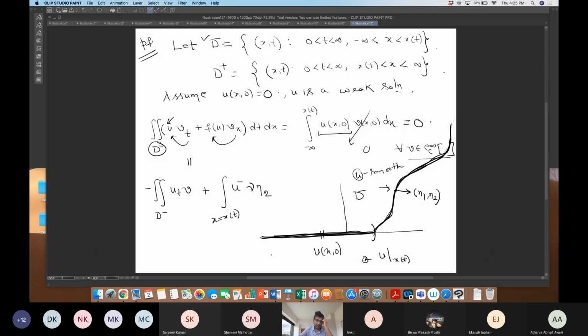Okay, now let's do this. Next class I will tell you what is integration by parts, in a very brief way. The boundary part comes with the outward normal.